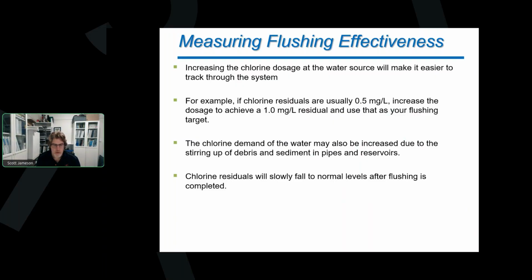So we've got two advantages there by increasing that dosage a little bit before we start the flushing program. Now, after we're finished flushing, we can turn the dosage all back, and it hopefully should only take a short period of time, a couple of days, whatever it happens to be, for those chlorine residuals to fall back to normal levels that you normally have in your system.